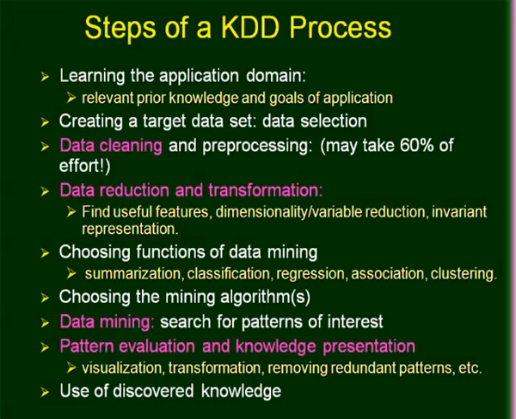The application domain must be clearly identified first. Data selection creates a target data set. Data cleaning and data pre-processing generally are done in the staging area to clean the data. This process may take 60% of your effort. Data reduction and transformation determine useful features, dimensionality reduction, and invariant representations of the data.